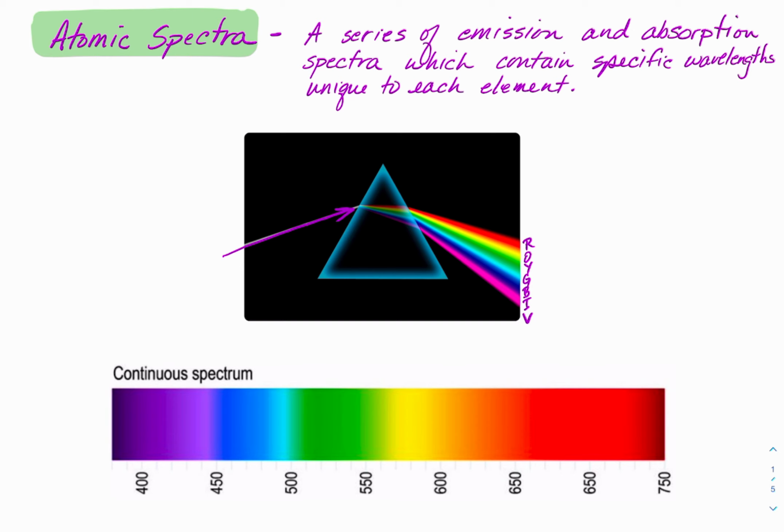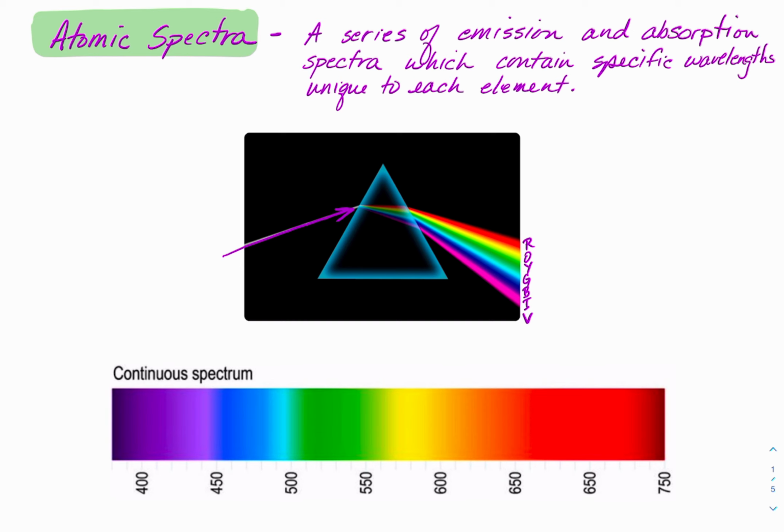When we look at an atomic spectra, whether it be an emission spectra or an absorption spectra, we tend to look at it like what we see down below at the bottom of the screen, and this is called a continuous spectrum.